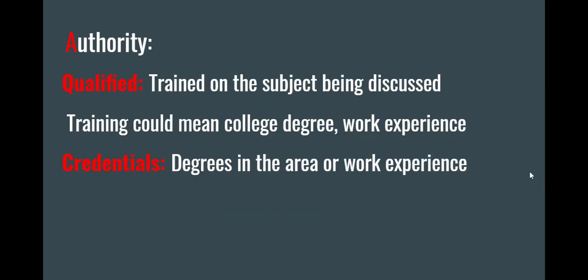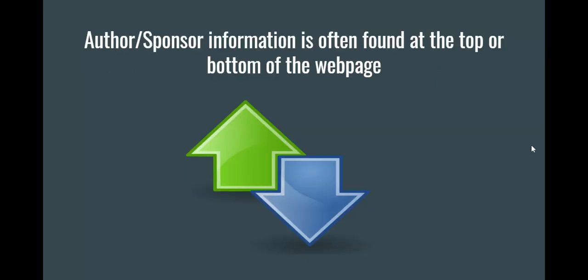Okay, authority has to do with, is your source, the source's author, or our article, are they qualified to speak on that topic? Are they an expert in that field? Even though they have a doctor in front of their name, are they actually an expert in that particular topic that you're talking about? So they should have that information readily available. And if they don't, that should also be a big concern.